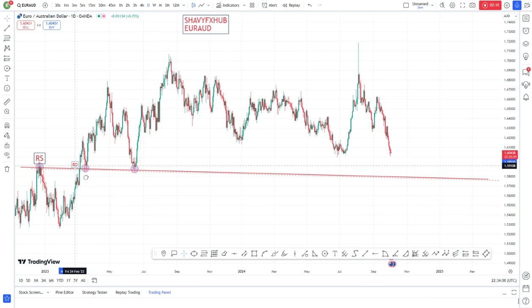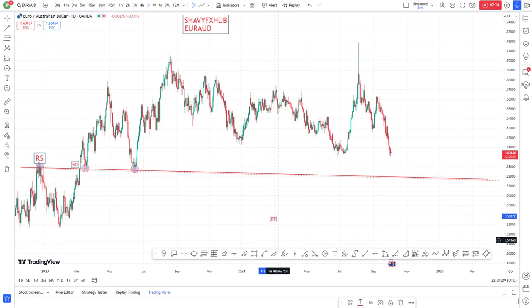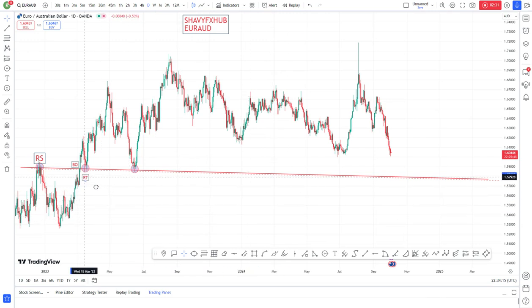Price has broken up from the support structure. But on return, we call it a retest to a broken resistance. It's not a support. So subsequently, I will have it as support becomes resistance.